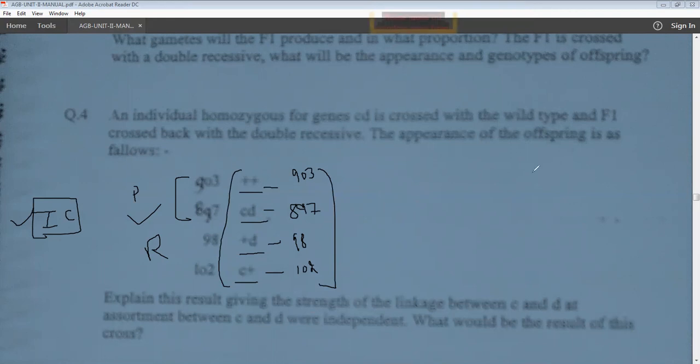The appearance of the offspring is as follows. Explain this result, giving the strength of the linkage between C and D. If assortment between C and D were independent, what would be the result of this cross?